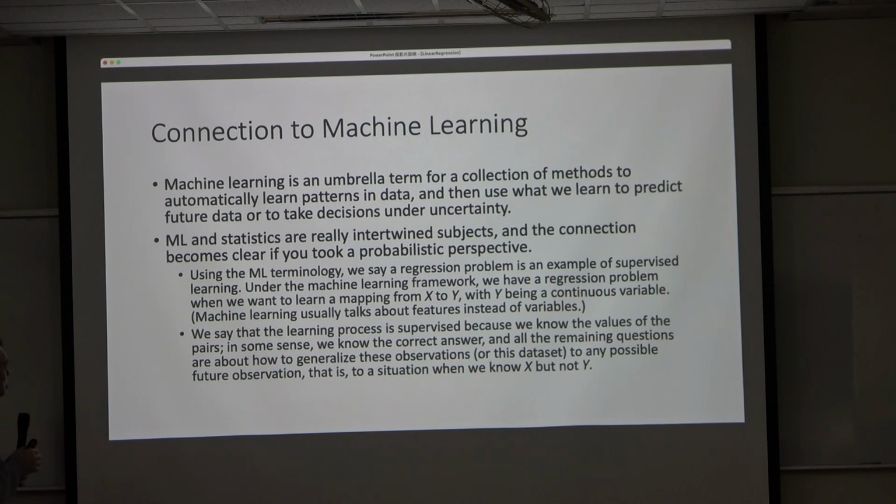As I said, we normally say these are features instead of variables. What do we mean by supervised learning? It means we know the value of the pair, so given X, we know their Y.